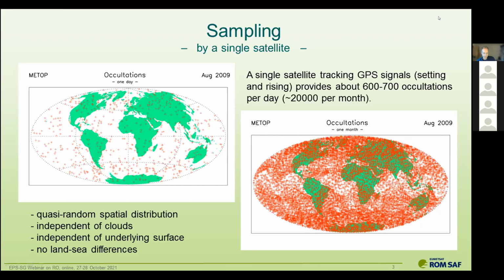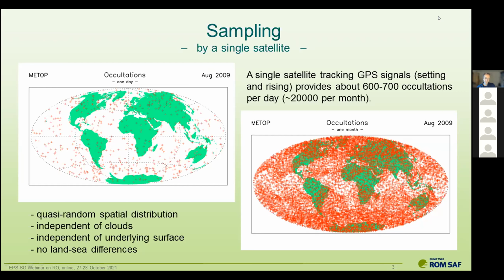In the case of EPS-SG, first we have METOP-SG A and B, so they go in pairs. That's a factor of 2 more, and METOP-SG will also observe other GNSS satellites than GPS.